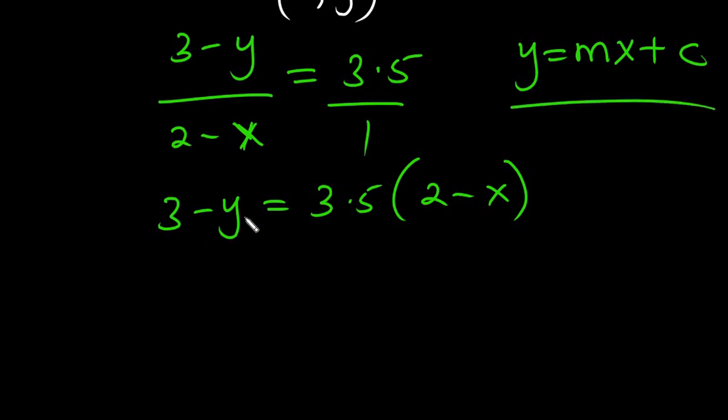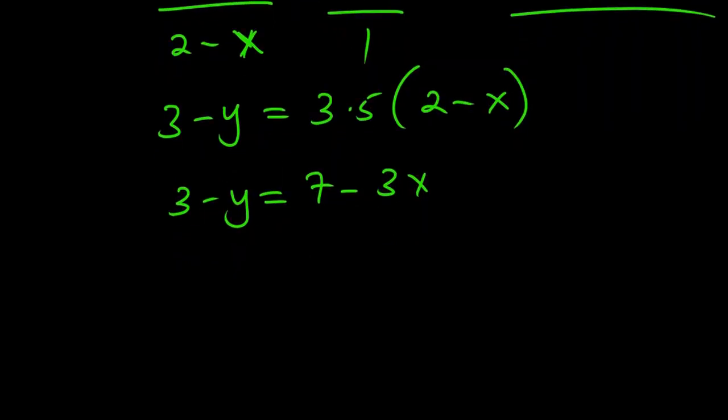On the left hand side, we need y only. So rather, let me first open this bracket. So it's going to be 3 minus y is equal to 7 minus 3.5x.